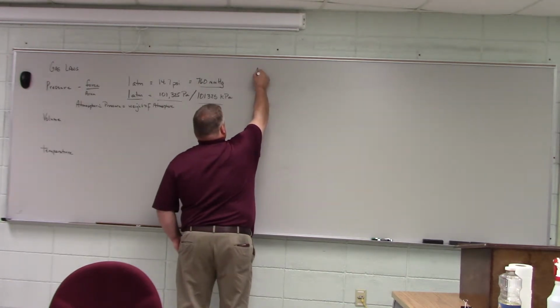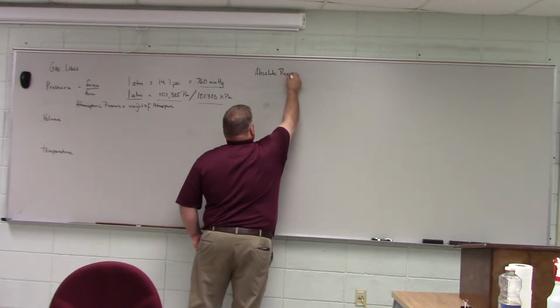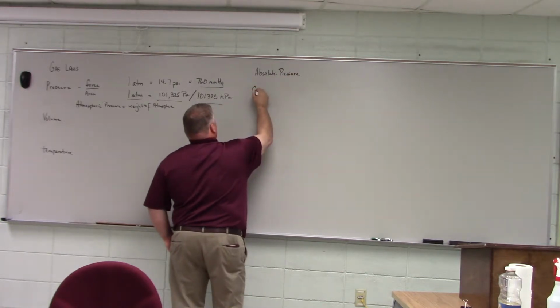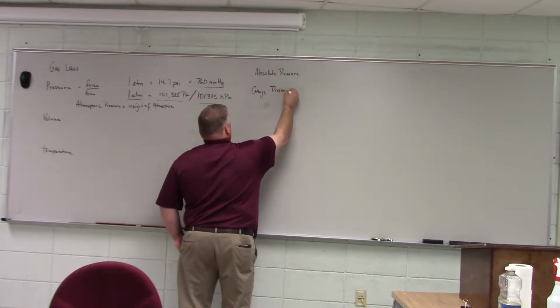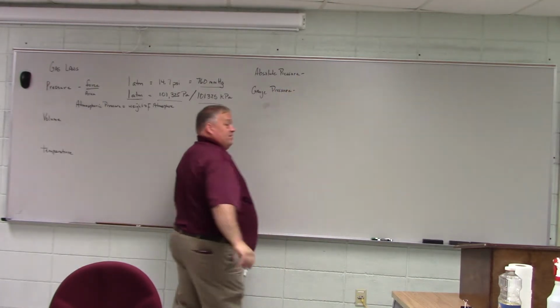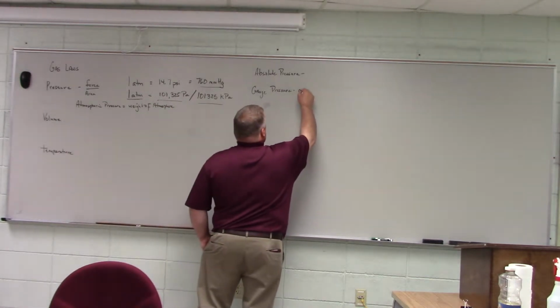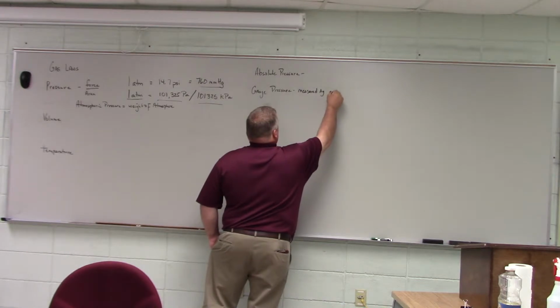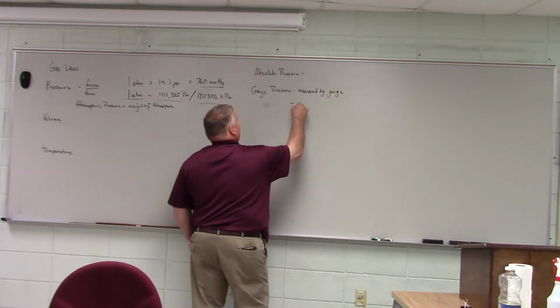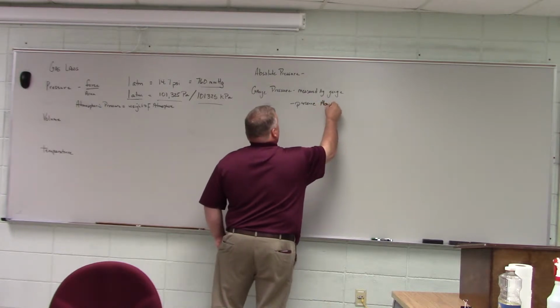We have absolute pressure, and we have gauge pressure. Gauge pressure is measured by a gauge. Okay? And in reality, it's the pressure above atmospheric pressure.